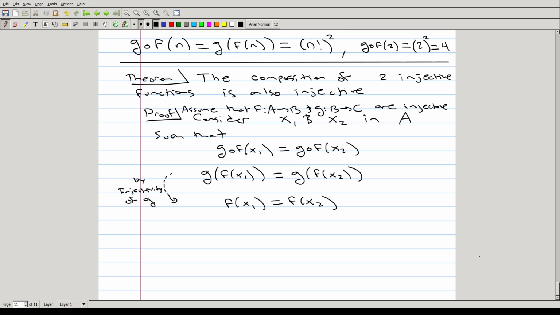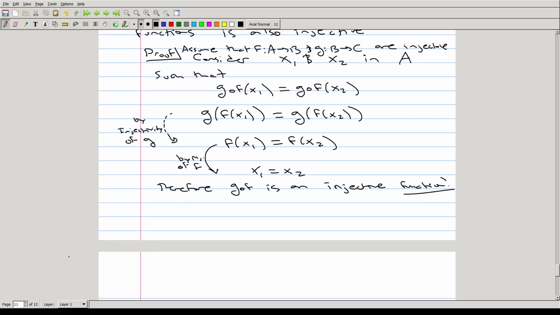And furthermore, by the injectivity of f, if f of x1 equals f of x2, then x1 has to equal x2. Therefore, g composed with f is an injective function. Which is very neat.